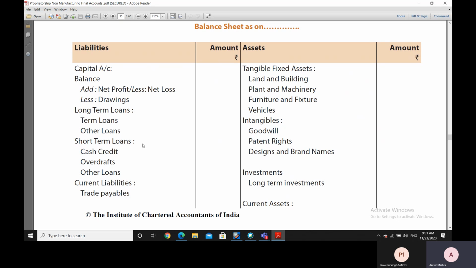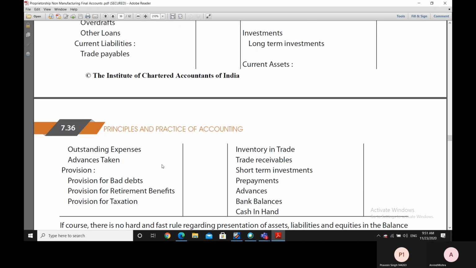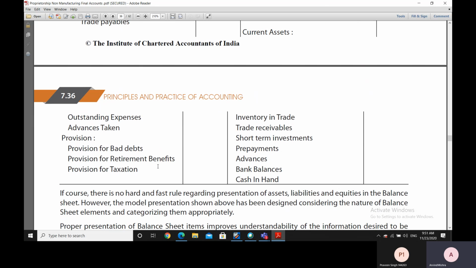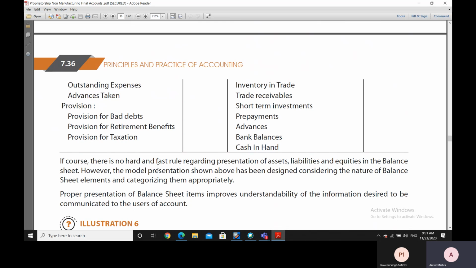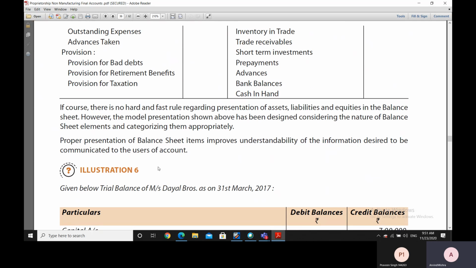Then short-term loans are included: cash credit, overdrafts, other loans. So we are moving from the long-term liabilities towards short-term liabilities, and finally we move to current liabilities, which are the trade payables. And after that, we go to the provisions. So provisions are entered last of all in this sequence. So we have seen the sequence and the categorization both.